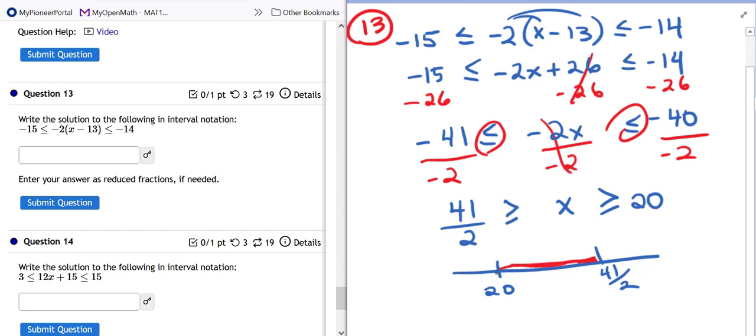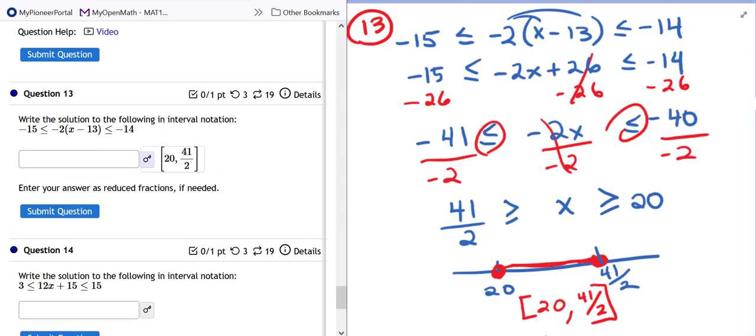And both of these are going to get a solid circle or brackets on your interval notation. They are not actually going to ask us to graph that, I don't think, because it would be hard to do the fraction. So they only ask us for interval notation.